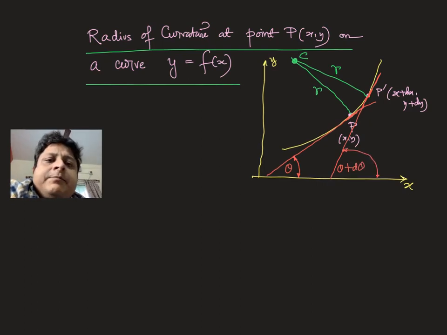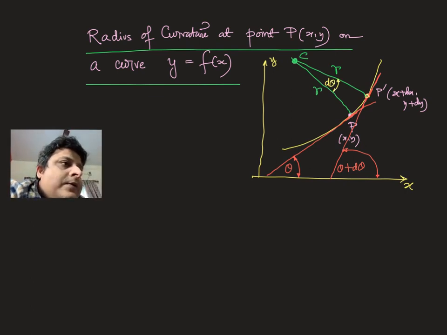So the angle between the two red lines, that means the angle between the two tangents, is obviously d theta. The angle between the tangents is the angle between the normals, so the angle between the two green lines in the figure is d theta.